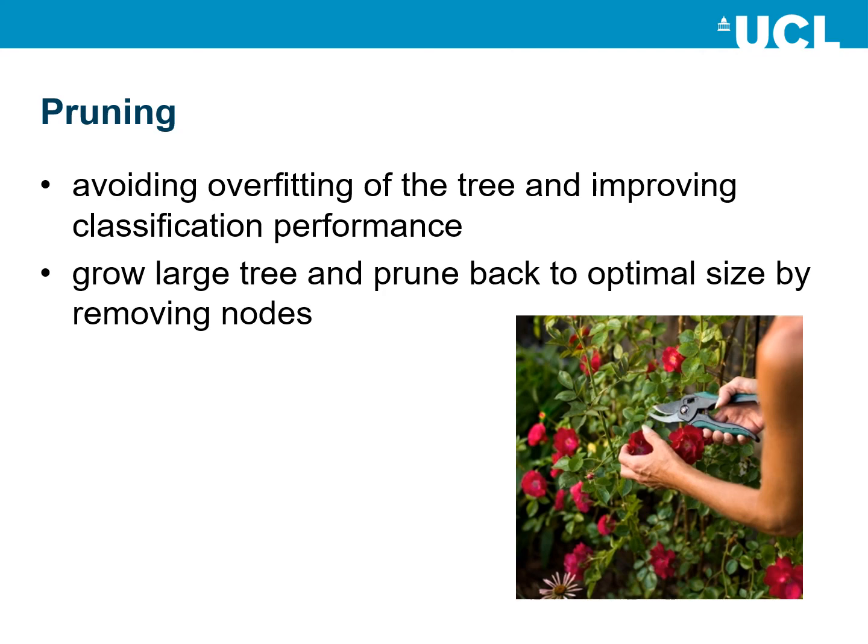There's no point in creating a decision tree which perfectly predicts all instances of your training set because it has to perform quite well on unknown feature vectors, on unknown feature sets. So one technique is to grow a large tree and prune it back to optimal size by removing nodes.